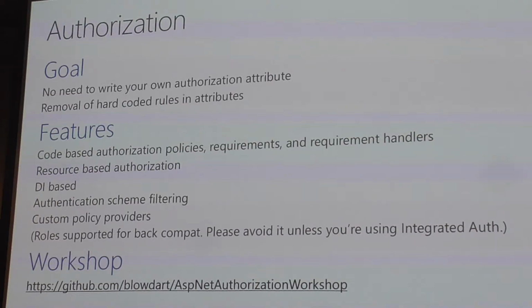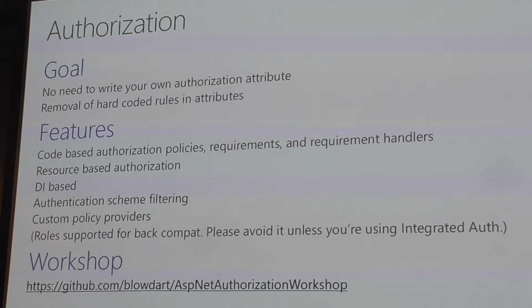So if you imagine someone was trying to access a document on a website, you could take the current identity, you could take the document, and then in code you basically say, is the current user the owner of this document? Are they the original author? Yes, let them edit. But policies, because they can have multiple requirements, you can also have a requirement that says, is the user an administrator? Yes, let them edit. So you can clump all these things together. It will become more clear with demos, I promise.